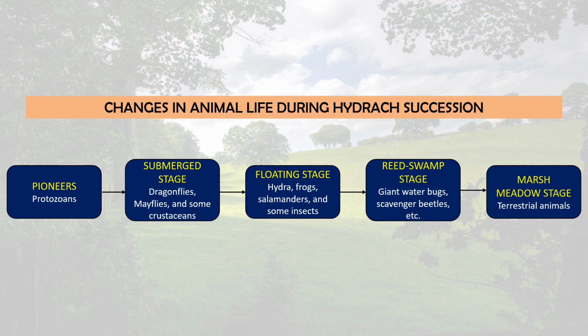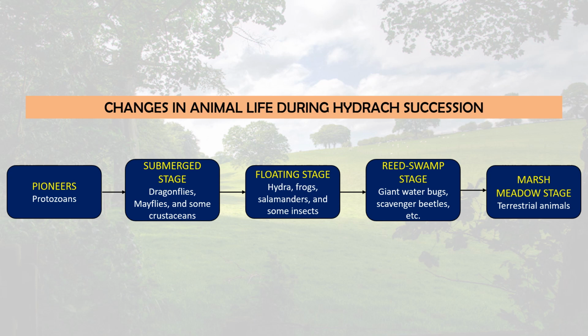Here the pond becomes shallower and the organic components also increase in the water, and the floating vegetation is replaced with emerging plants like sedges and cattails, which are firmly attached to the bottom by roots.